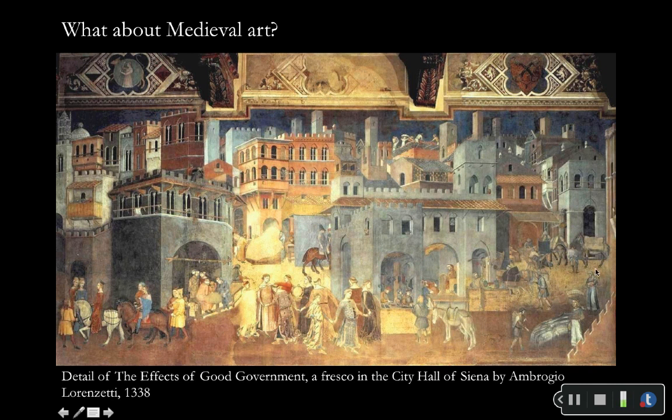The way that the streets move, the recession of space is not really naturally depicted. So here we do have an interest in representing the city, but we have artists who are not quite exactly sure how to represent real spaces like this in the most desirable fashion.